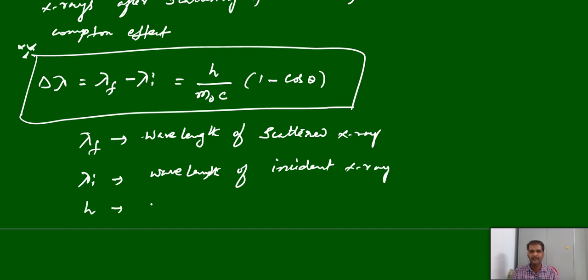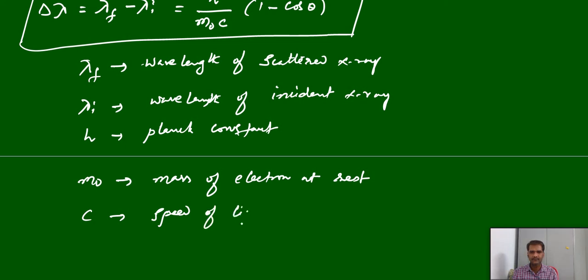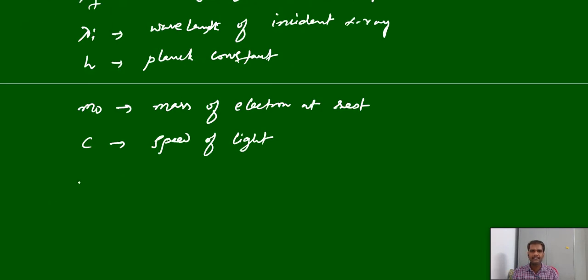And h is the Planck constant, m naught is the mass of the electron at rest, c is the speed of light or velocity of light, and theta is the angle of the scattered ray. That is the theta value.